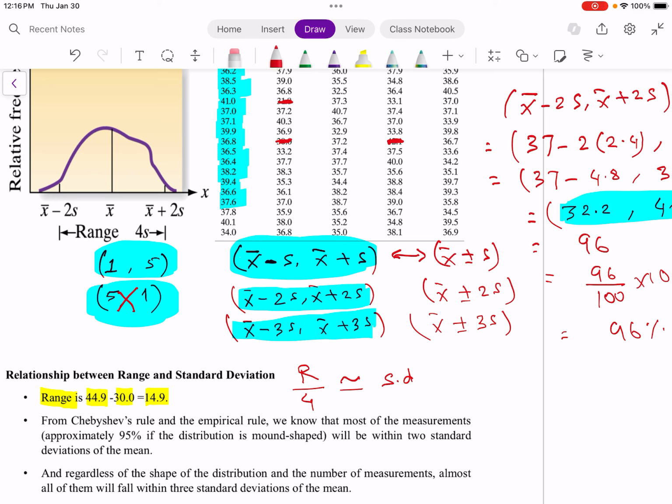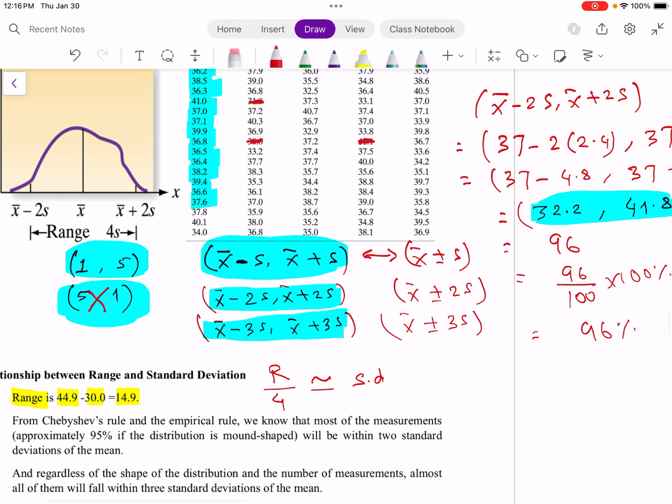You subtract the lowest measurement from the largest measurement, and you get the range. Now, if you have a large data set and you need the standard deviation, instead of calculating it, you can use this approximation. You divide the range by 4 and that number is close to the standard deviation. So what is 14.9 divided by 4? 3.725.